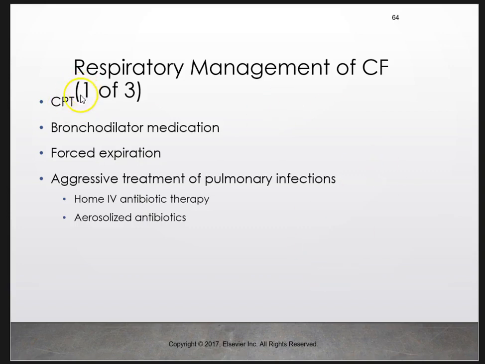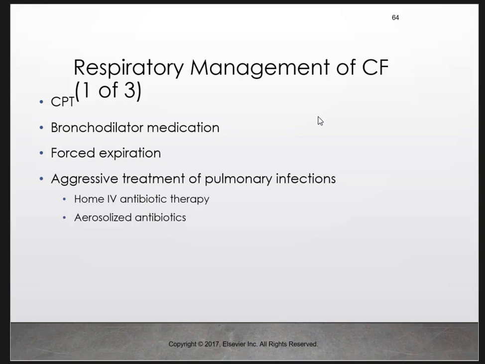CPT, chest physiotherapy. So that's getting thumped on the back. That's how I would hear the teenagers refer to it at the clinic. Getting thumped, which will break up that mucus in there.